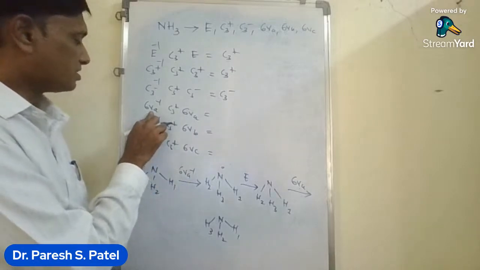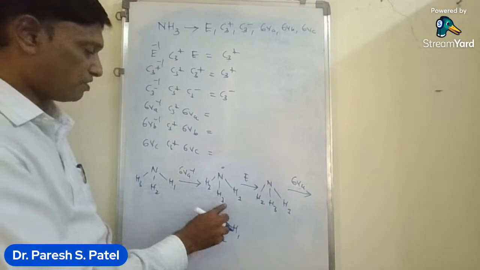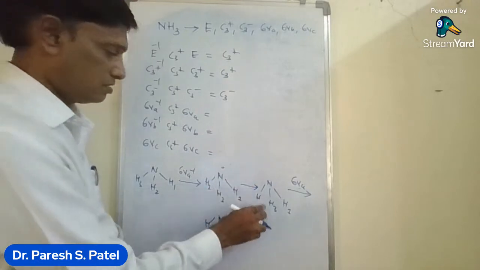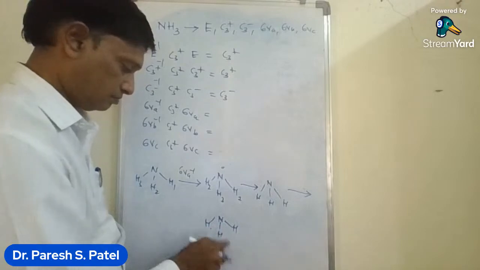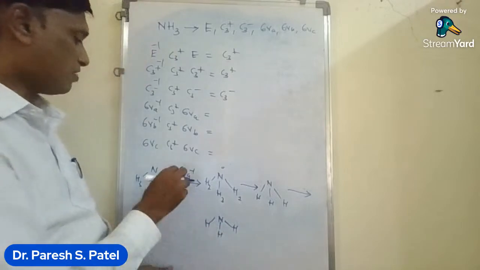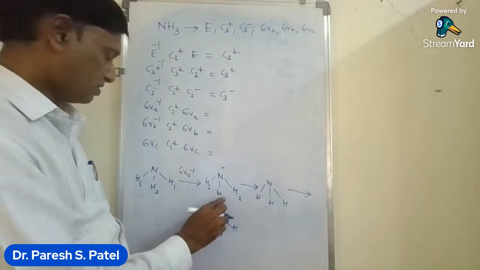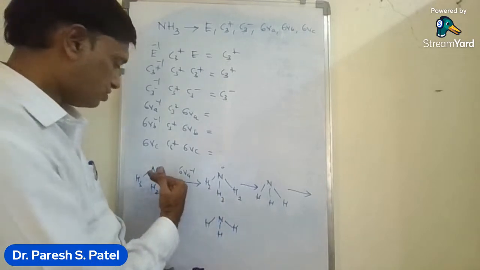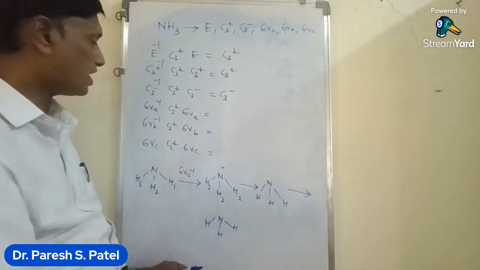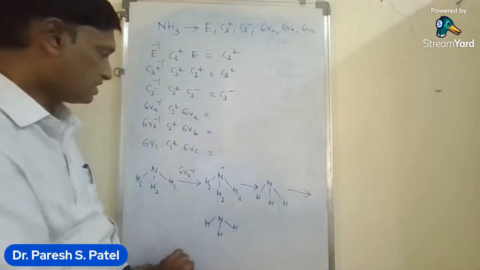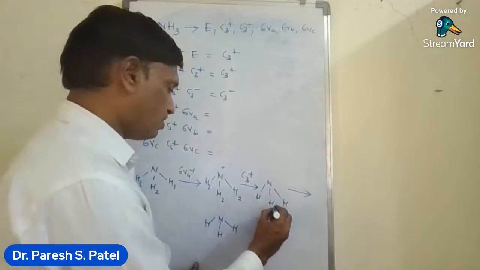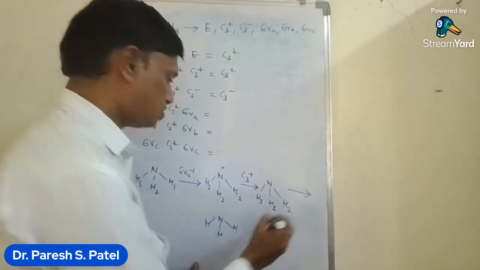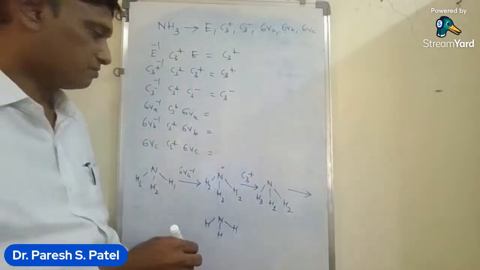C3 sigma Va inverse. Sigma Va inverse means if you put a mirror over here to change the position of hydrogen 2 and hydrogen 3, next one C3 plus. C3 plus means 1, 3 and 2, one time clockwise rotation.